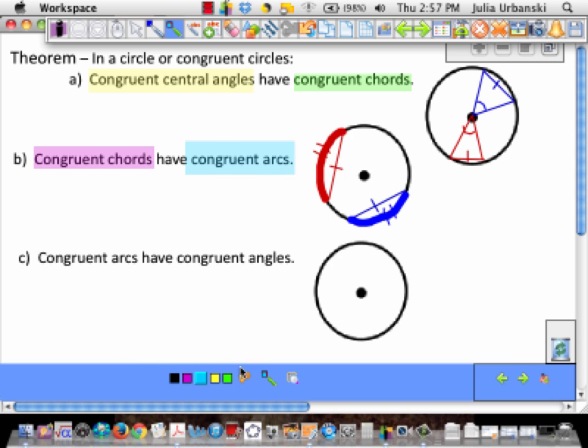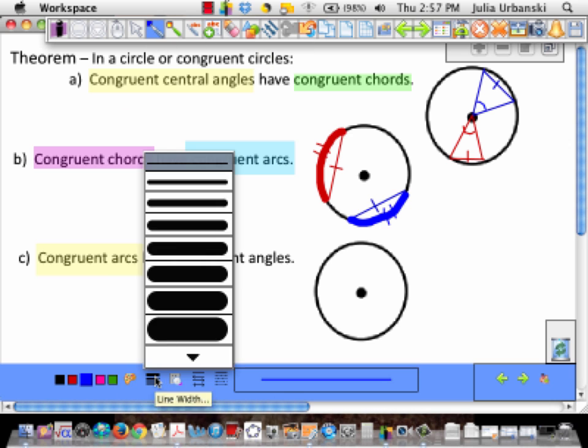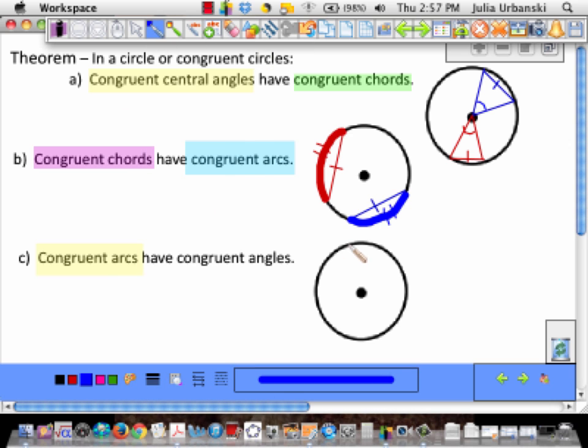The last rule is that if you have any congruent arcs anywhere in your circle, congruent arcs like these, here's an arc, and here's an arc that's congruent to it.